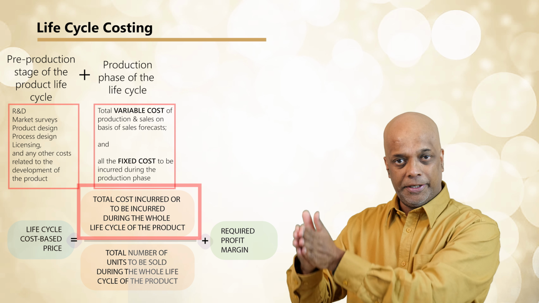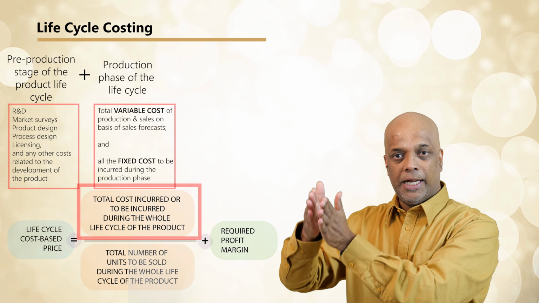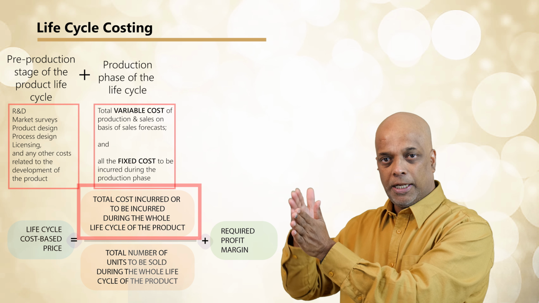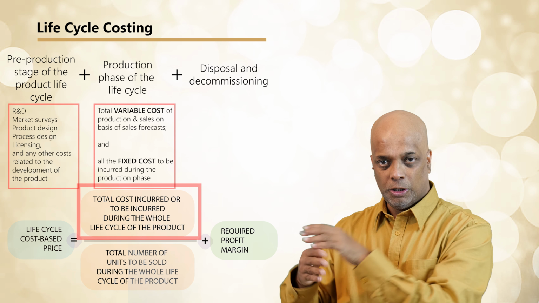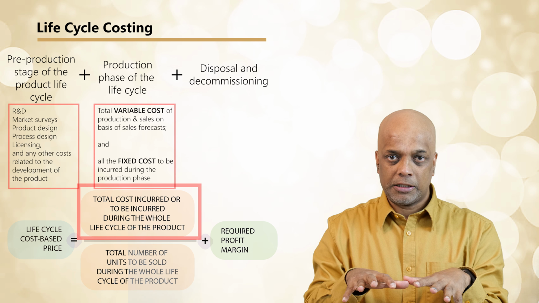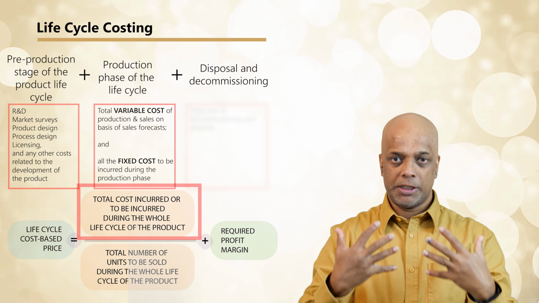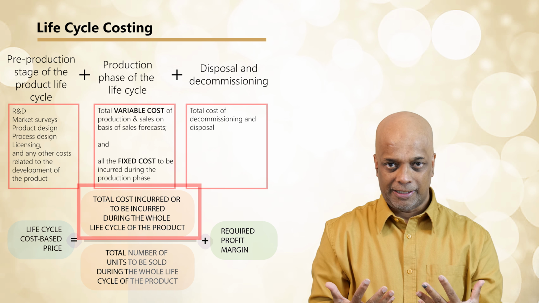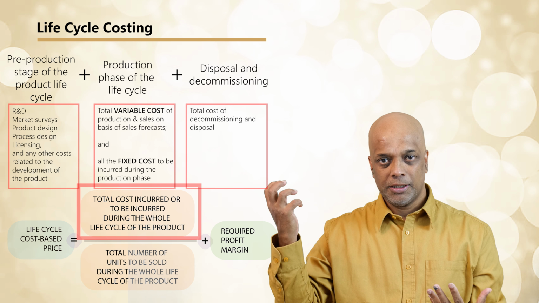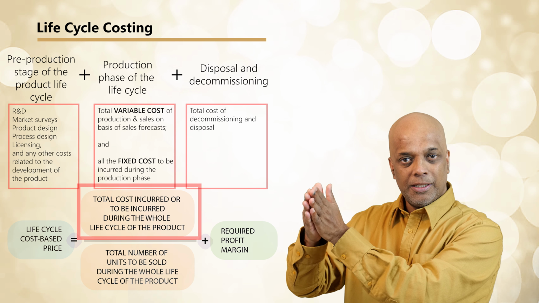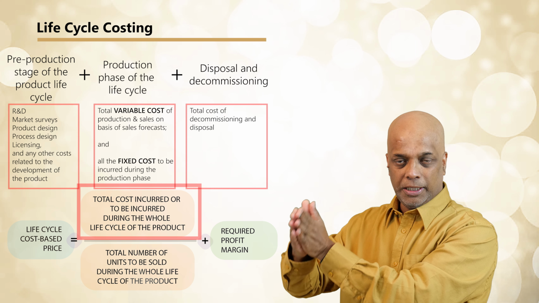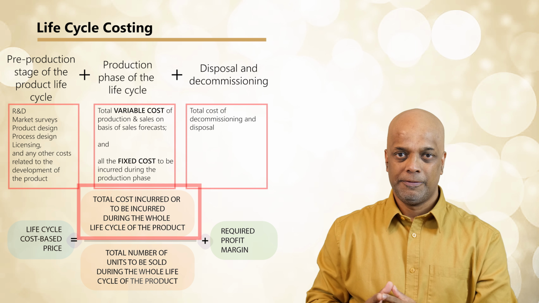And then at the end of the fifth year, you have to replace this product with another one. So you have to dispose of this product, dispose of certain elements of the production facilities, decommission certain factories and so on. So what is the estimated disposal cost, the decommissioning cost and so on.